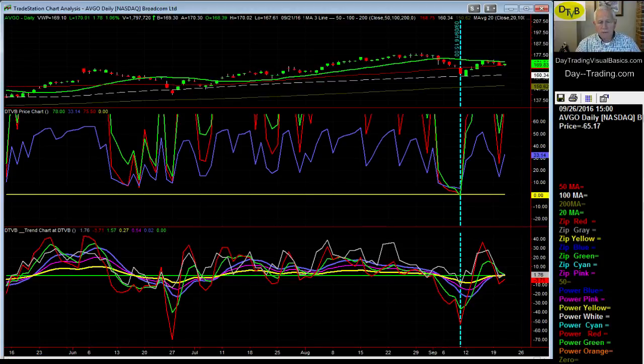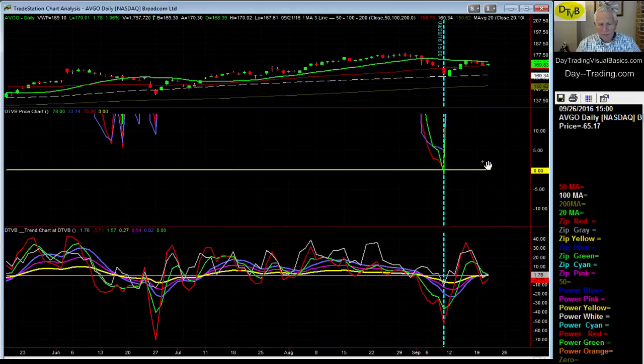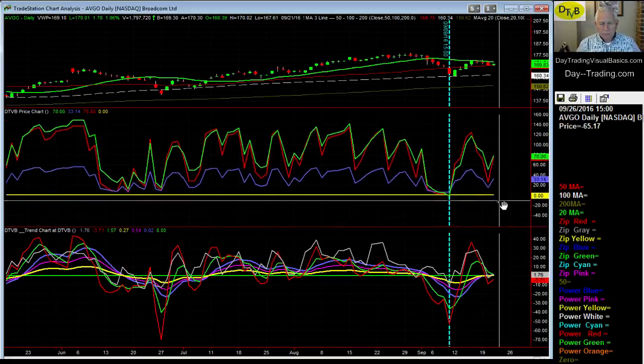Like I say, you hardly ever see the green down, but that is in a bottlenose. If you magnify this, you can see that all 3 of them are in bottlenose patterns, the price blue, green, and red.